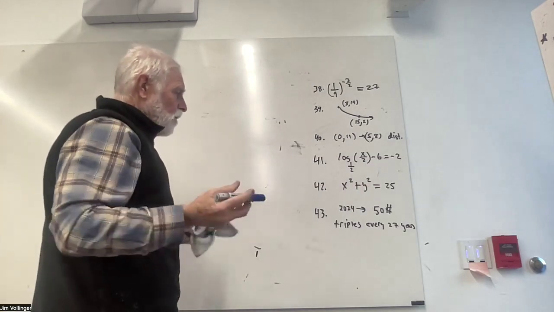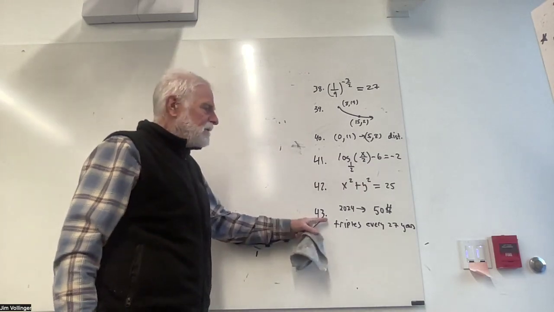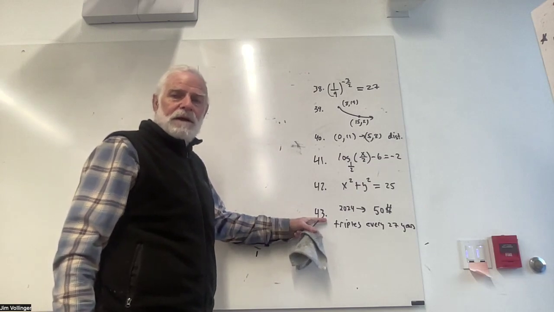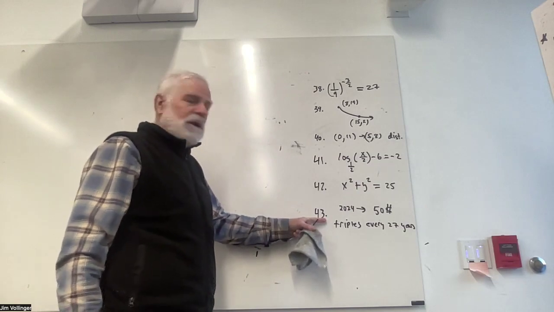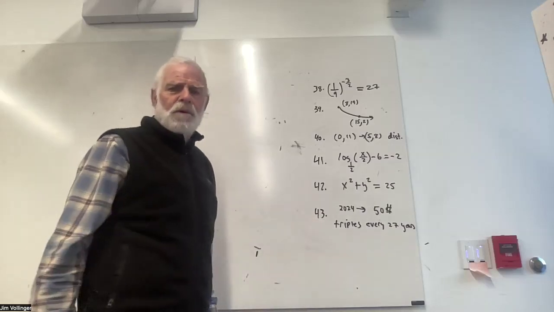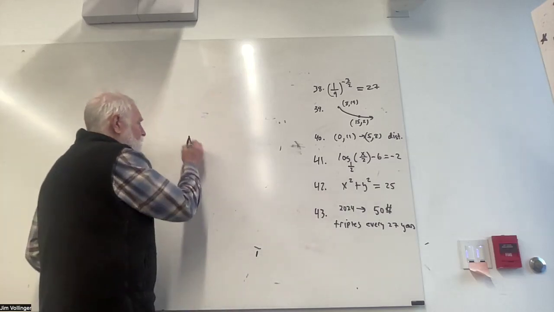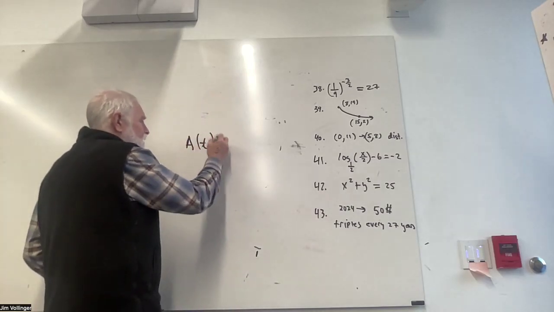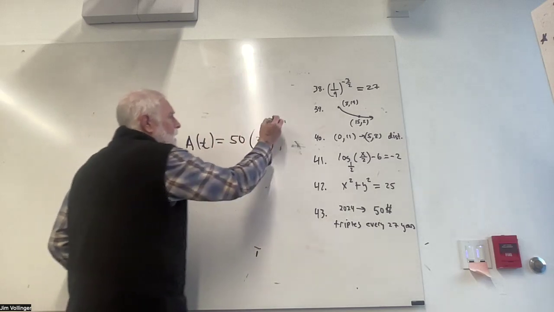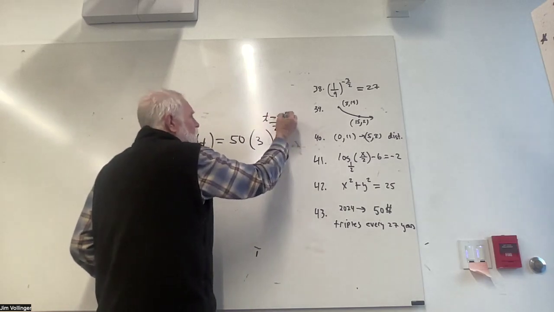All right, so it's a word problem, and people don't have the entire thing written out, but it was basically you start with $50, you put it in a savings account, and you triple your money every 27 years, and we did this last year, 2024. So amount as a function of time: we start with $50. We triple it every 27 years, starting in 2024.